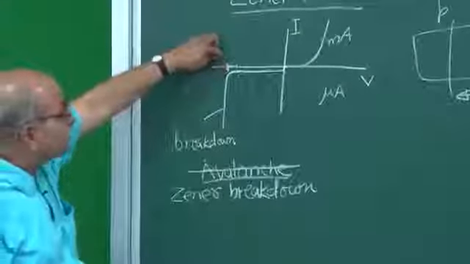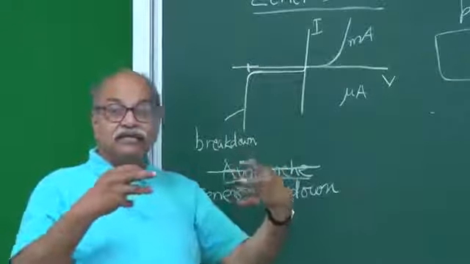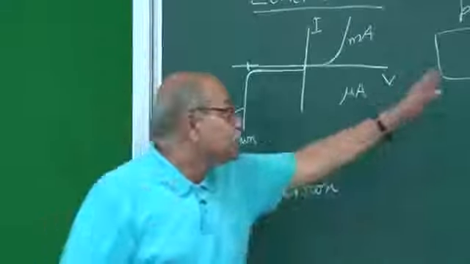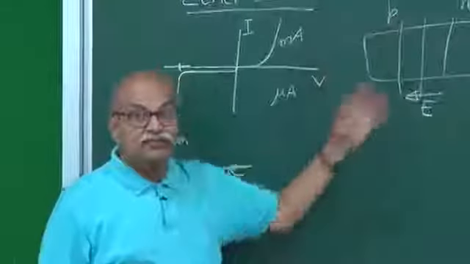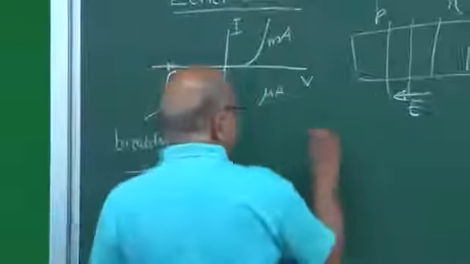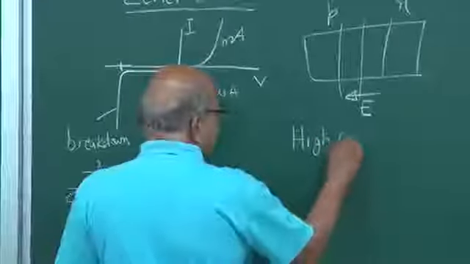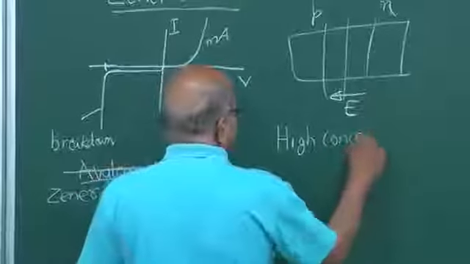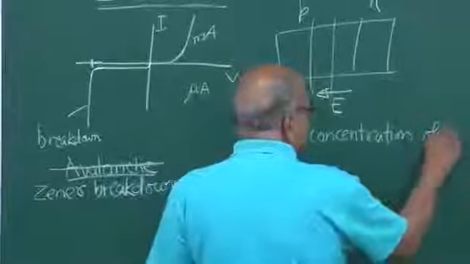Okay, and what that voltage is can be controlled by the diffusion, the concentrations of impurities, and so on. So normally for Zener we have a high level of doping, a high concentration of impurities.